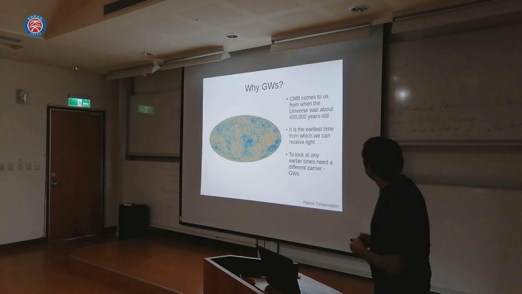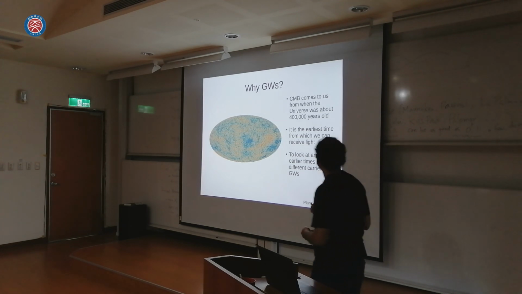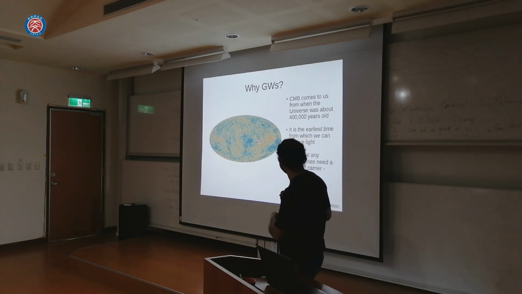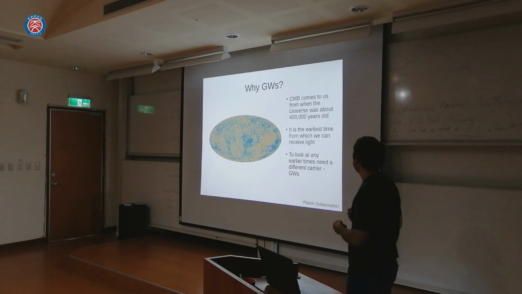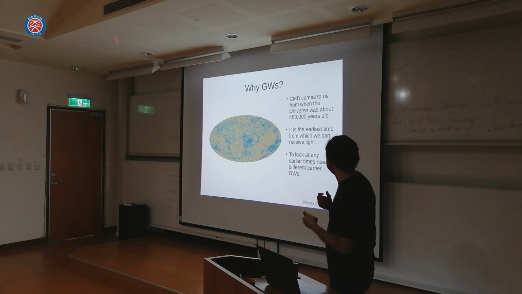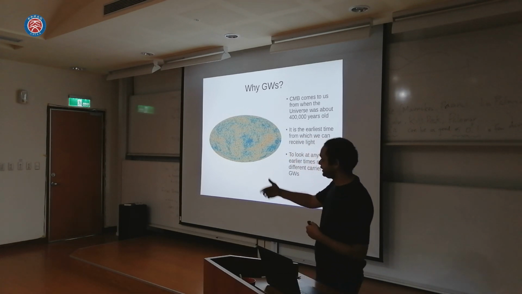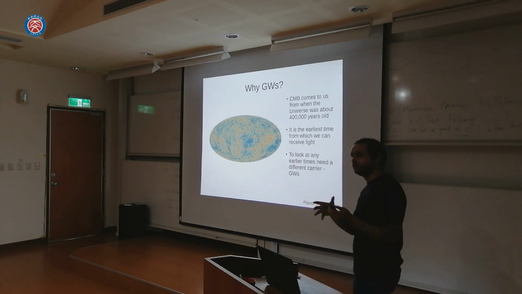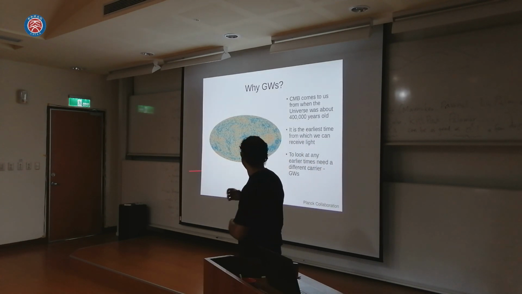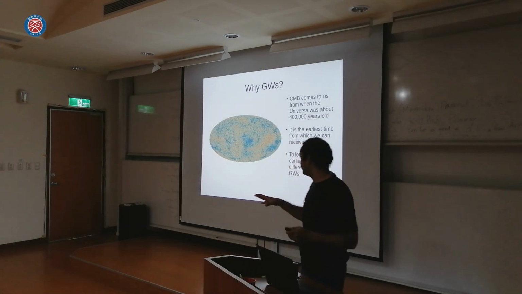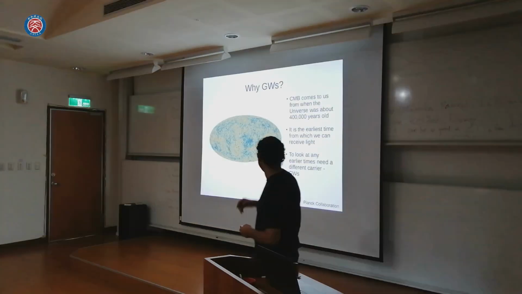Given this, why then do we care about gravitational waves? Well, as I already said, the CMB comes to us from the point of recombination, when the universe is about 400,000 years old. For any physics that comes before that, because the universe was a hot, dense plasma of electrons and ions, it was totally opaque to electromagnetic radiation. So no photons would escape from that era and come to us.